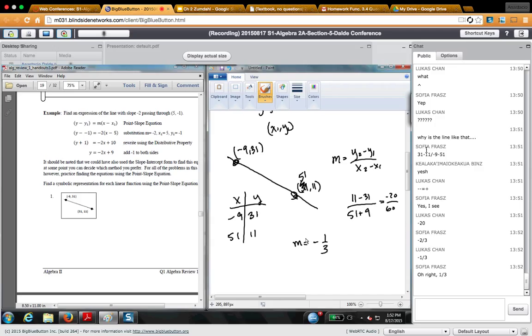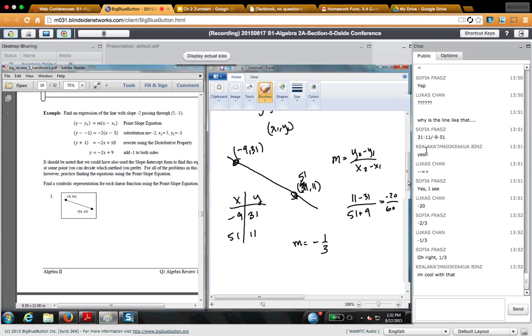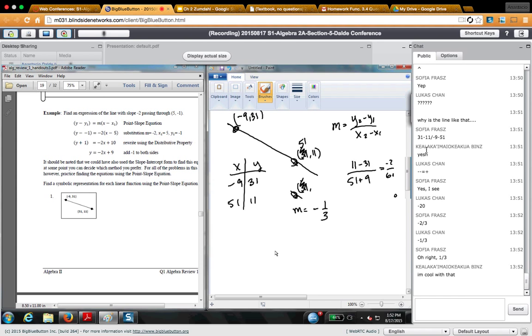So I know the slope of my equation. Got it? Now in order to use the point-slope formula, I need my slope and a point. In fact, I have more than 1 point. I've got 2 points. So which one do I choose?